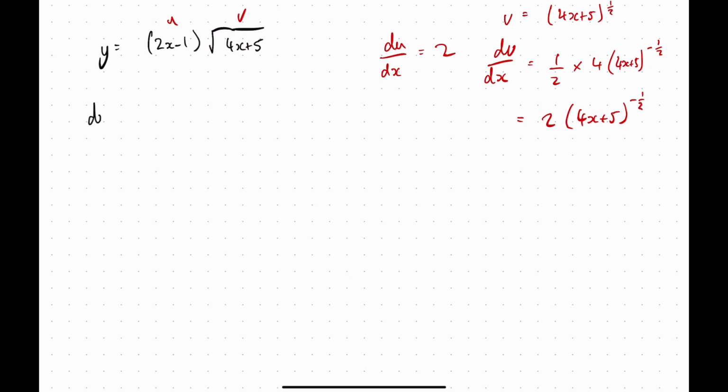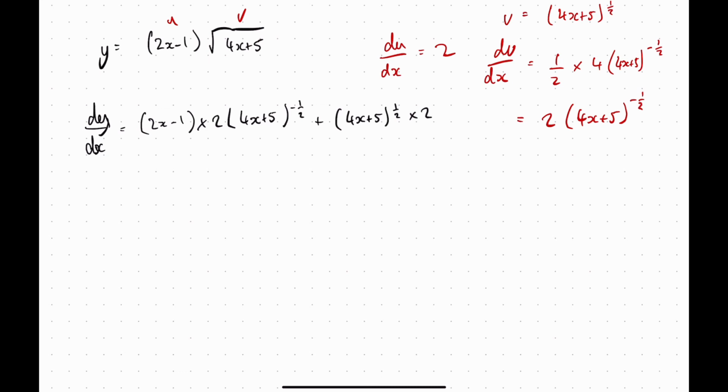So, write it as one single thing. dy by dx is u dv dx. So, 2x minus 1 times 2 lots of 4x plus 5 to power negative a half plus v du dx. So, 4x plus 5 to power half times 2.